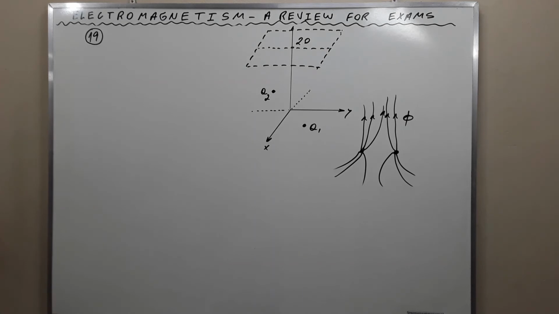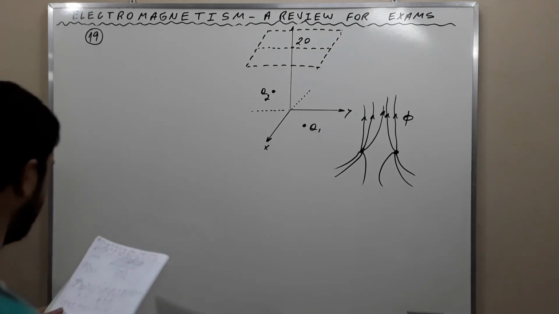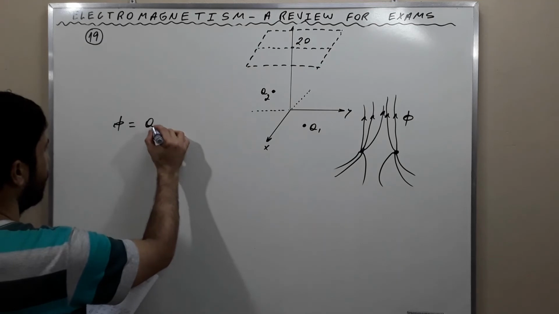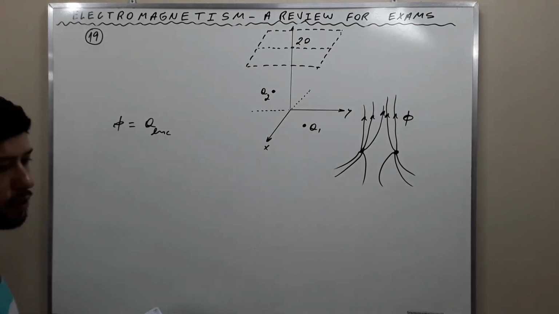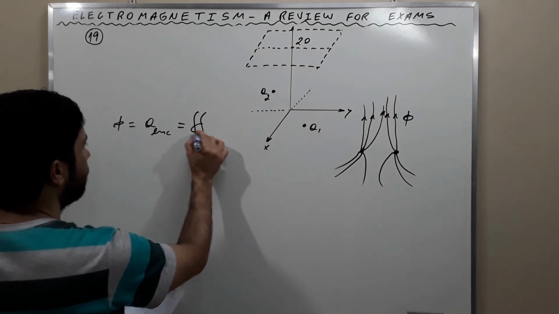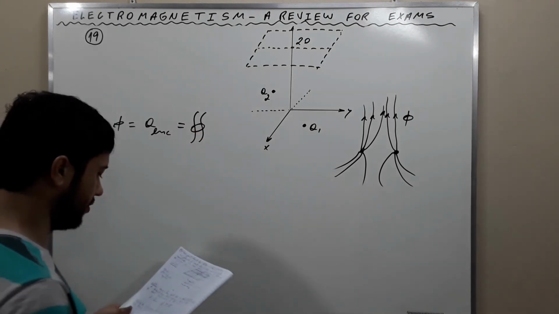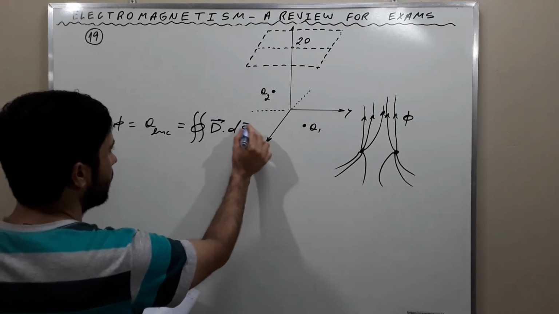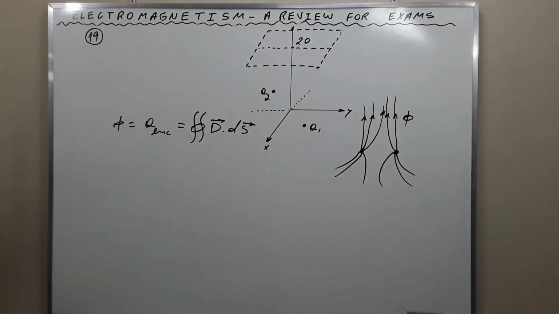Gauss's law states that the total electric flux through any closed surface is equal to the total charge enclosed by that surface. So Gauss's law states that the flux is equal to the enclosed charge, which is equal to the closed surface integral of the flux density with respect to a surface.